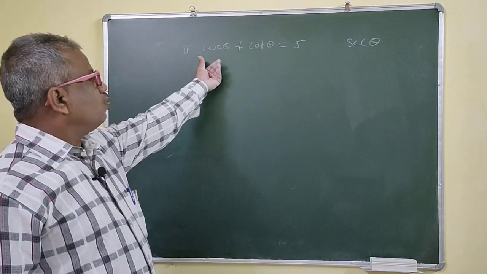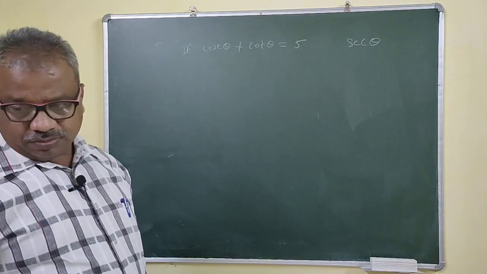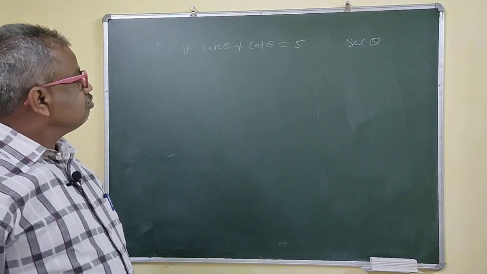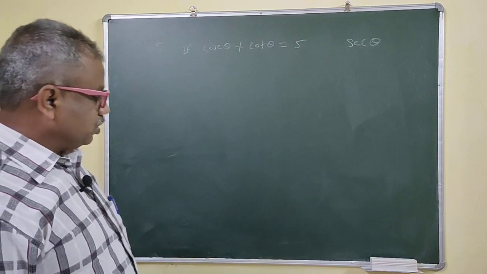What we are given? Cosec theta plus cot theta is equal to 5, and you want the value of sec theta. So what we will do? Solution. We will try.